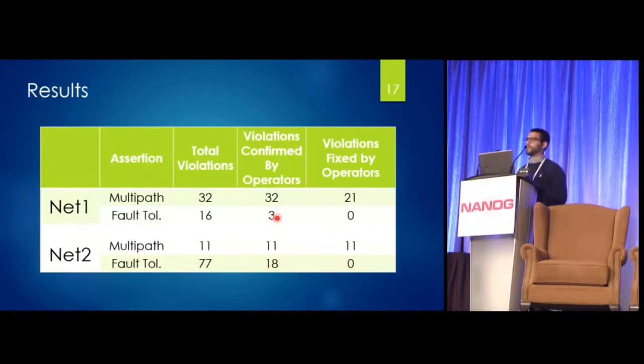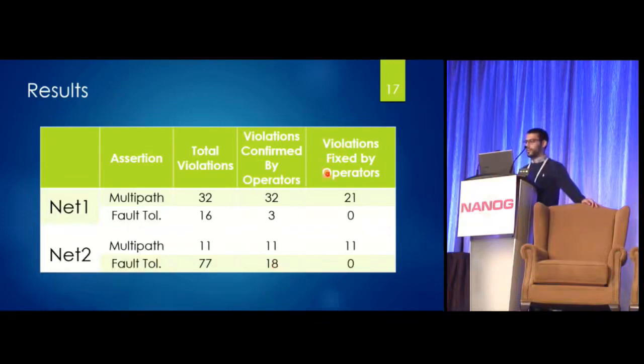So it appeared that there was no fault tolerance, but there really was. For net 2, again, all the multipath violations were confirmed to be real. And because we had incomplete topology information about the way the VLANs were set up, there were some false positives in detection of fault tolerance, because we would have maybe multiple interfaces underlying a VLAN, so really no loss of a single interface would have been able to cause a loss of connectivity.